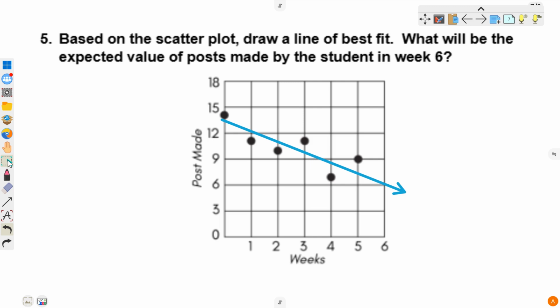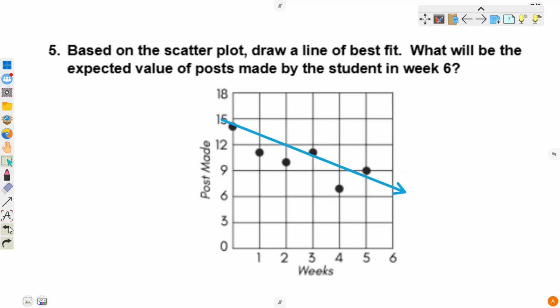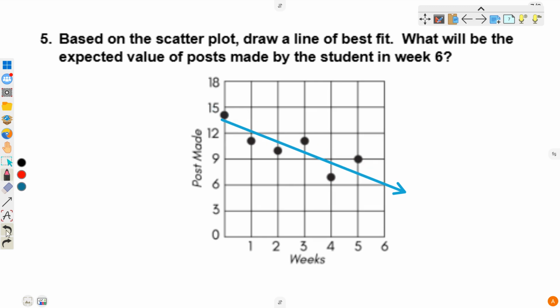All right. And then it says, what will be the expected value of posts made by the student in week 6? Okay. Well, if I look at my graph, my axes aren't labeled. Apologies. Let's label those real quick. Sorry. This is my X. This is my Y. So when we're talking about week 6, we're coming down here to weeks, and we're right here at week 6. Okay?